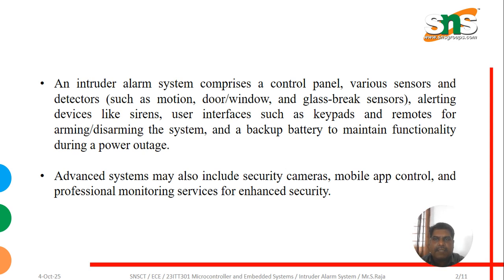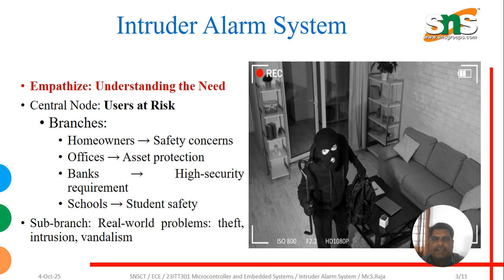Now I am going to discuss this intruder alarm system in five design thinking phases. The first phase is the empathize phase. In this phase, our main task is to understand the need, why we need it.